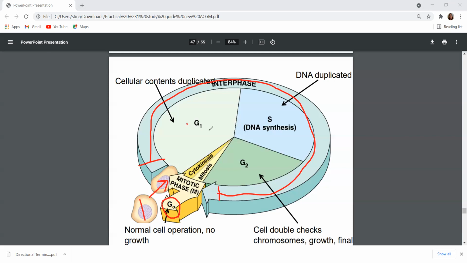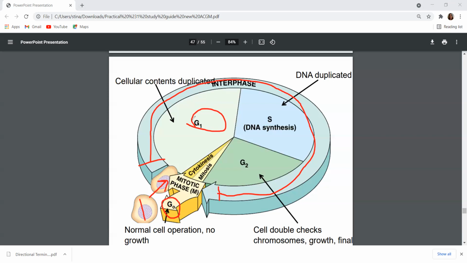The first one here is G1. G1 is where your cellular contents are going to be duplicated, because if we're going to split that one cell into 2 cells, we need to duplicate all the contents of that first cell so that when it splits, both cells have the correct cellular components.